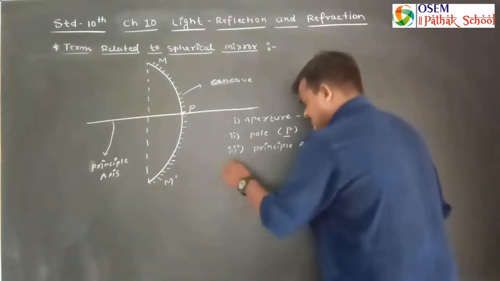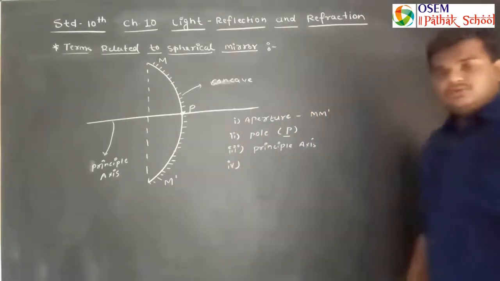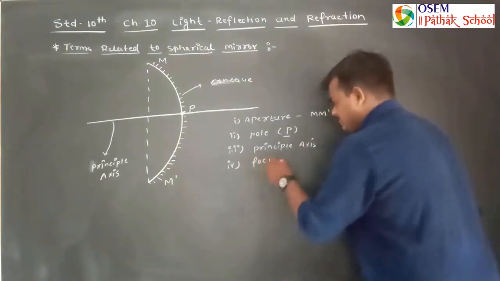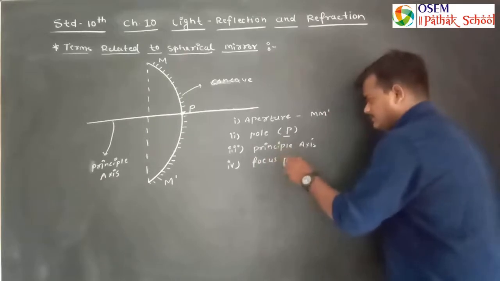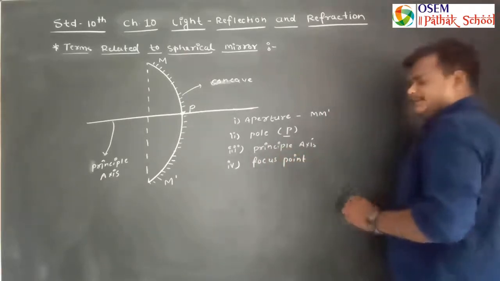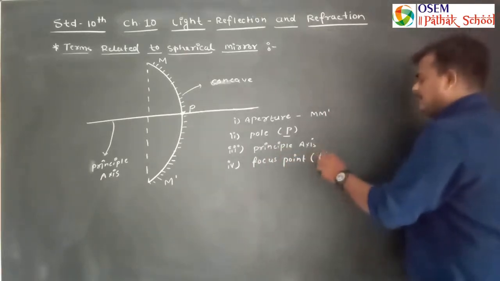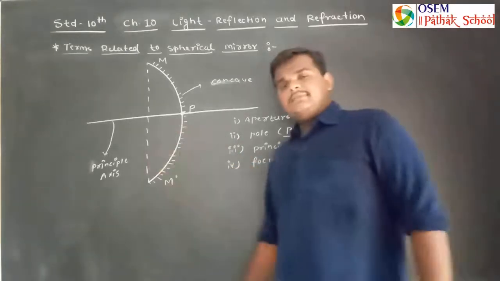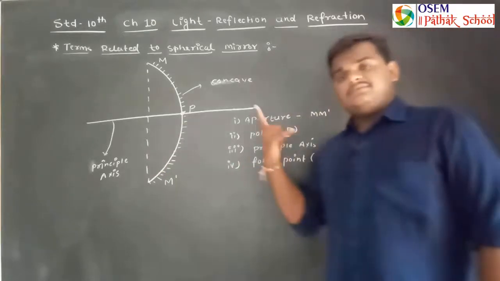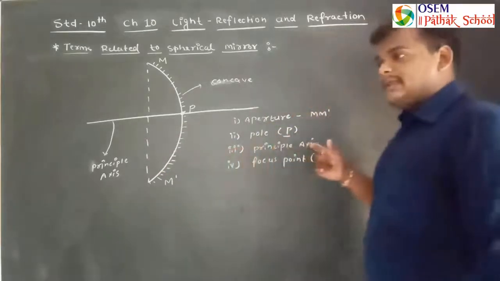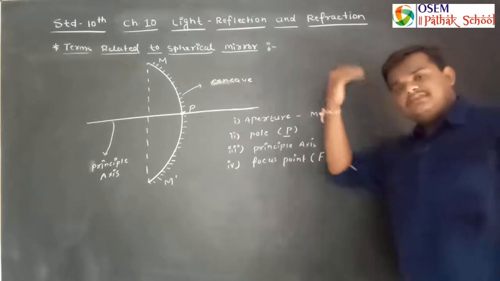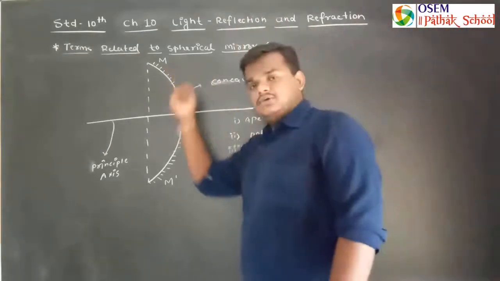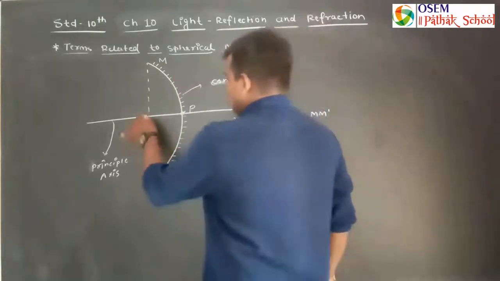The fourth definition is the focus of the mirror, the focus point. It is denoted by capital F. When parallel rays coming from infinite distance are reflected by a concave mirror, they meet at a point.